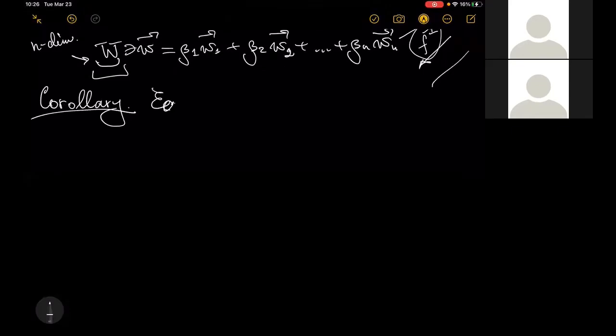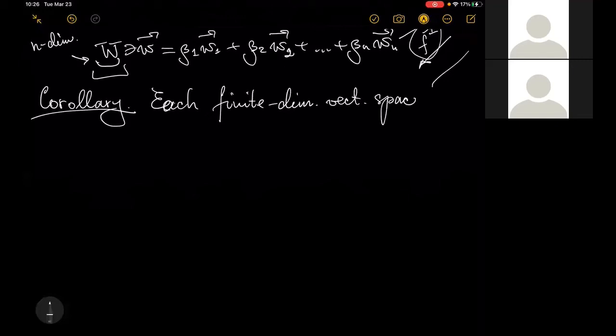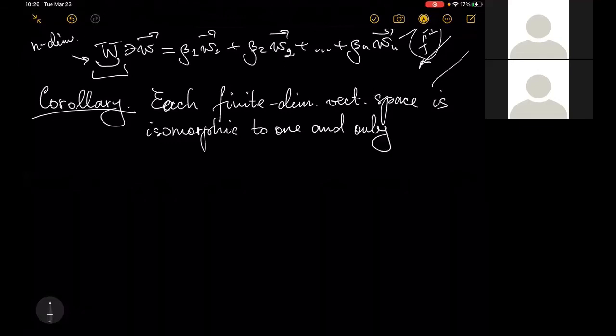That each finite dimensional vector space is isomorphic to one and only one Rn, because each finite dimensional vector space has some dimension, let's say n, and then it will be isomorphic to corresponding Rn.